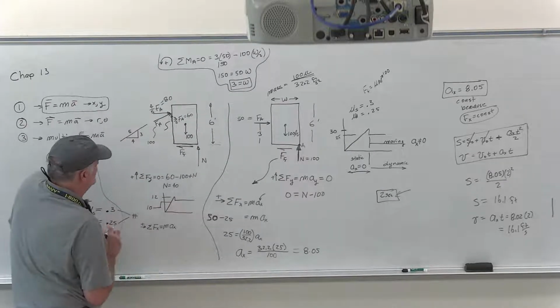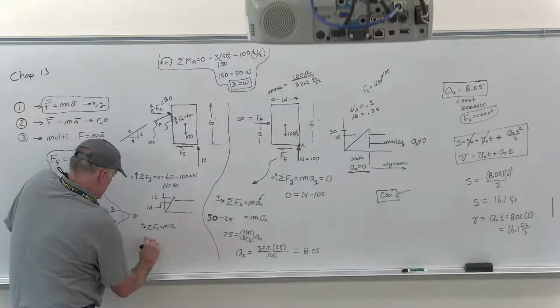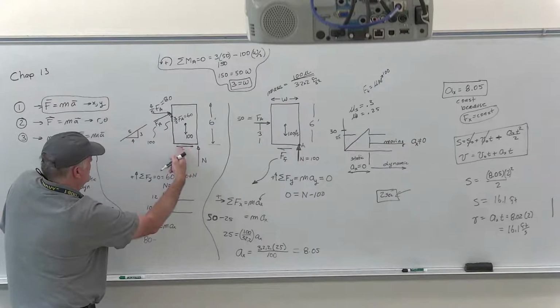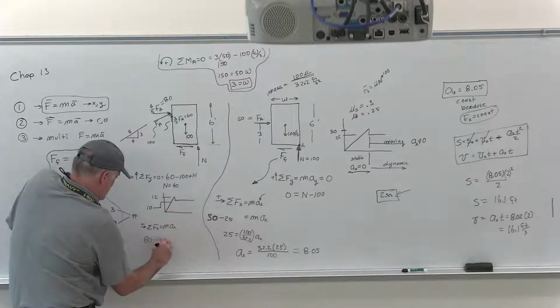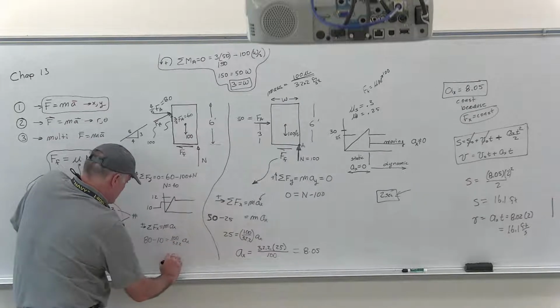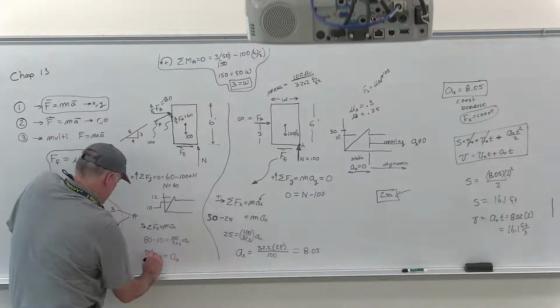I got 80 to the right, and this friction holding it back, but I broke free at the 12. Then I get the 100 over 32.2 times the acceleration in x, so the acceleration is 32.2 over 100 times the net force.